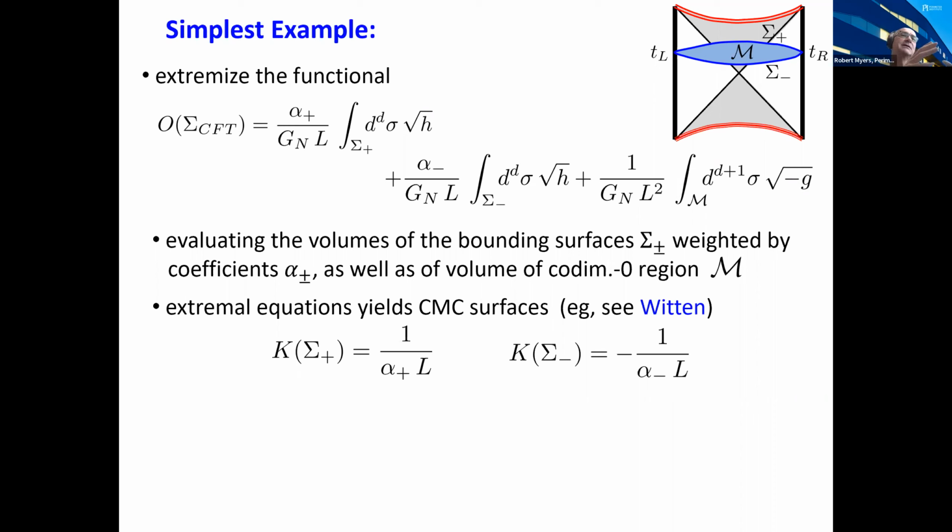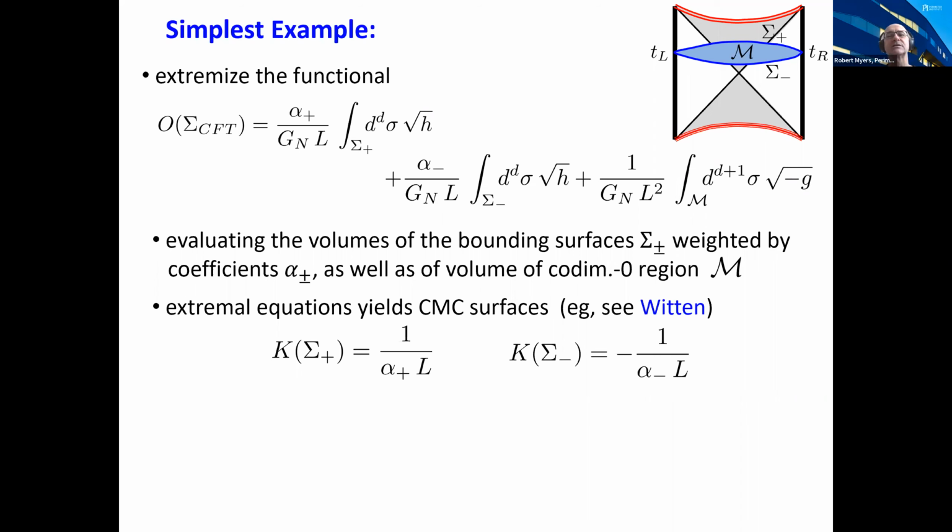It's important that the complexity of one state by itself isn't very meaningful. What's meaningful is when I compare the complexity of one state to another state. For example, asking about the time evolution of the complexity, I'm comparing many different states, namely the thermofield double at different times.